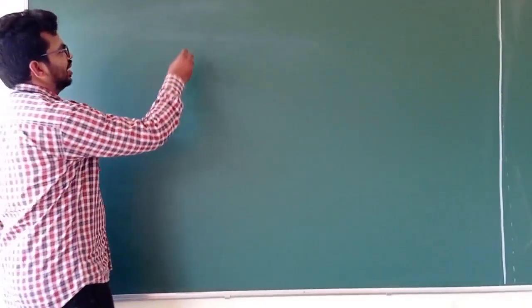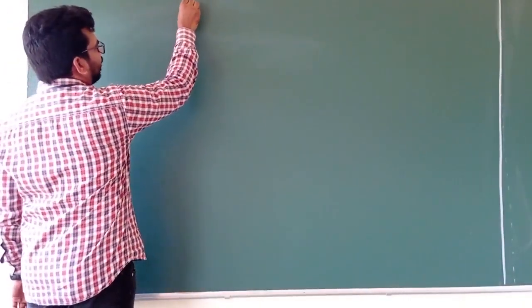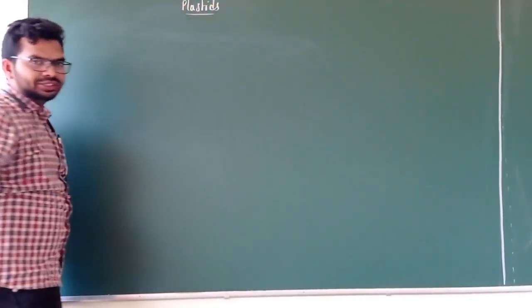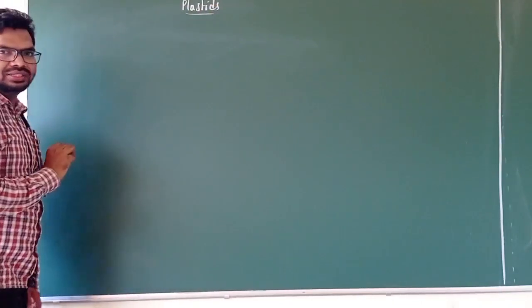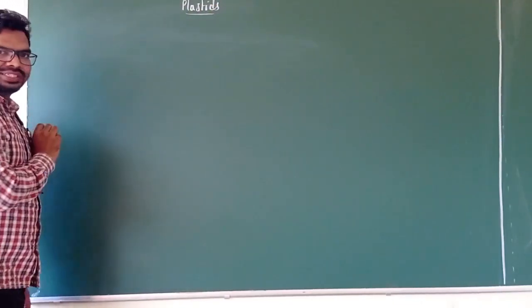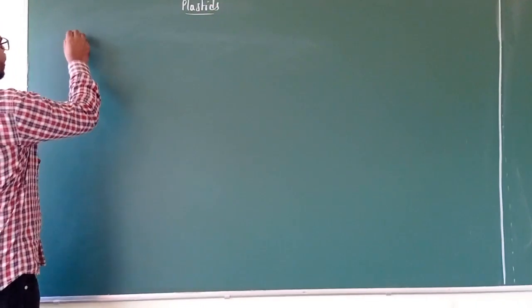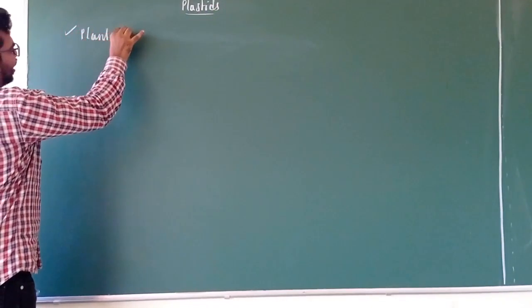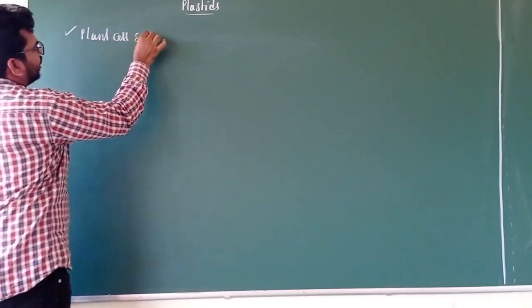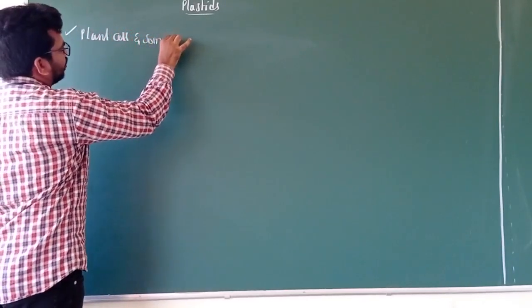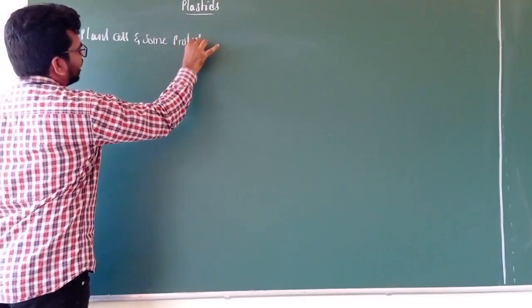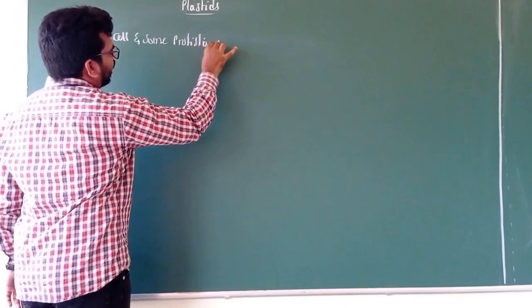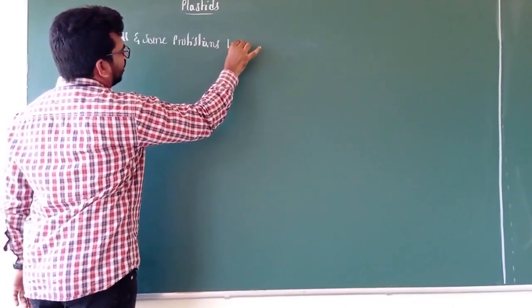Let me start another new organelle, that is plastids. You know very well about plastids. Plastids are the organelles or compartments exclusively present in plant cells and in some protistans like Euglena.